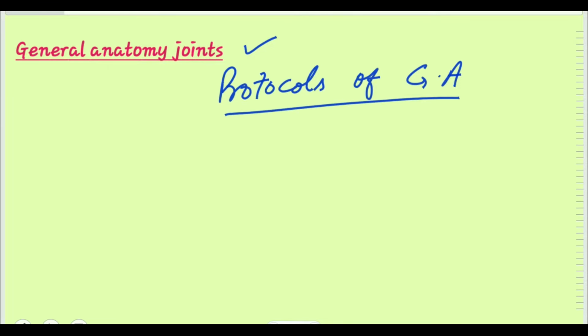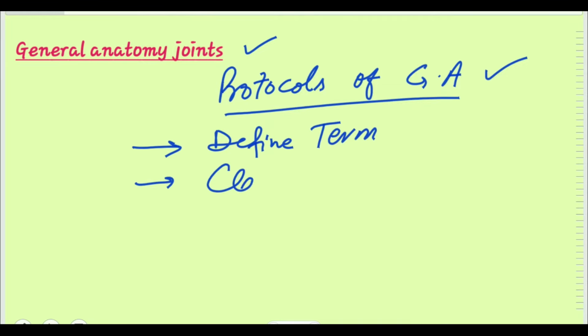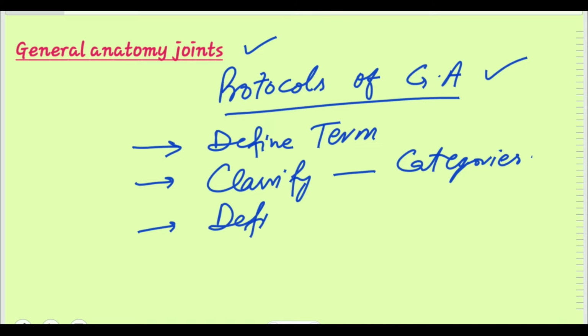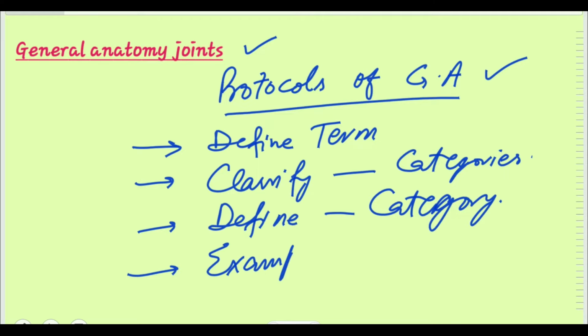Before describing the general anatomy of the joints, I want to tell you about the protocols of general anatomy: what you are required to answer when a question from general anatomy is asked. The answer is you have to define a term, then classify that term into categories, then define each category, and after that give an example of each category.